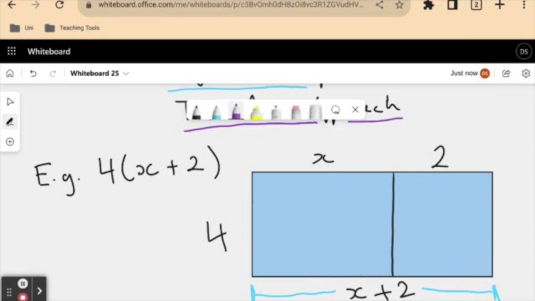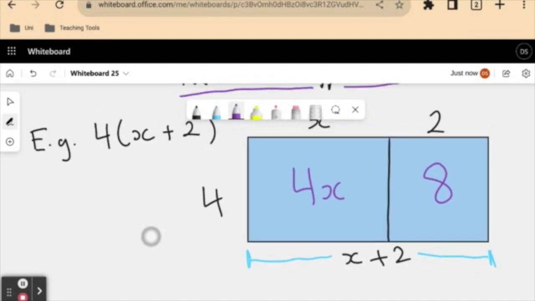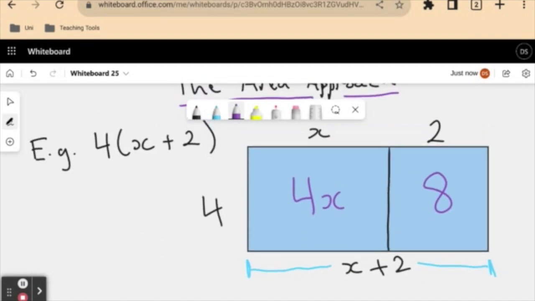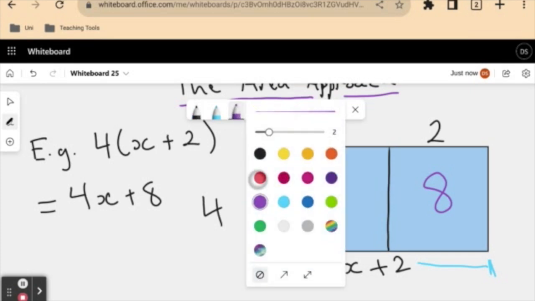If I were to take 4 multiplied by x, I would have an area of 4x. And if I were to take 4 multiplied by 2, I would get an area of 8. Summing these two areas together, I would get 4x plus 8 as my answer.